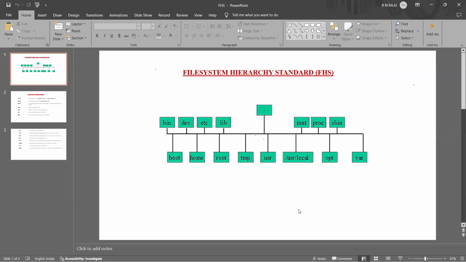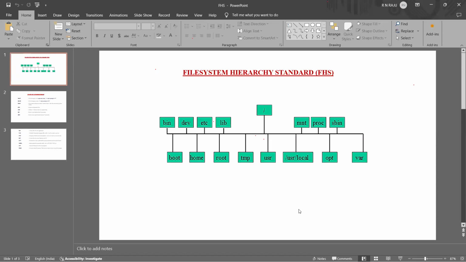But in the Unix and Linux environment, we don't have any drives like C, D, E, F. So where do you store your data and where do you retrieve it from? We have one architecture for storing and retrieving data, I mean locating files, folders and everything, with the help of the File System Hierarchy Standard. The short form is FHS.